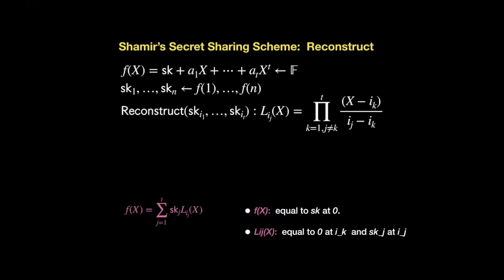And likewise, if we sum up s_k times the Lagrange polynomial, that's just going to disappear unless we happen to be equal to the point of interest, in which case it's exactly going to be equal to s_kj.